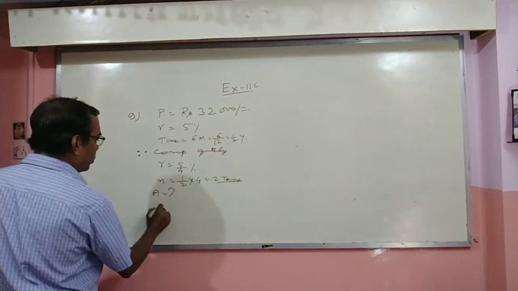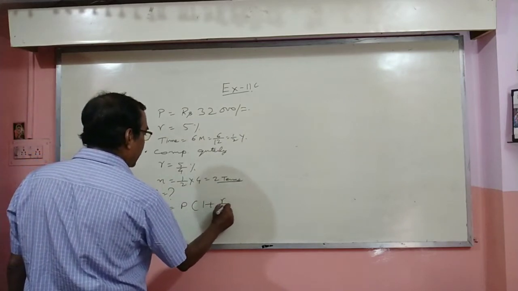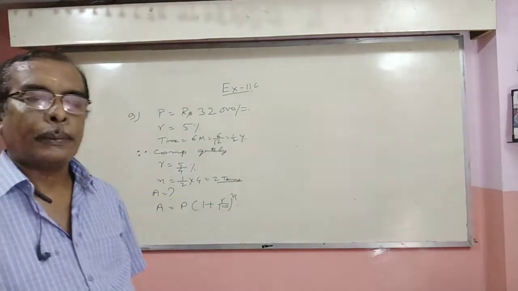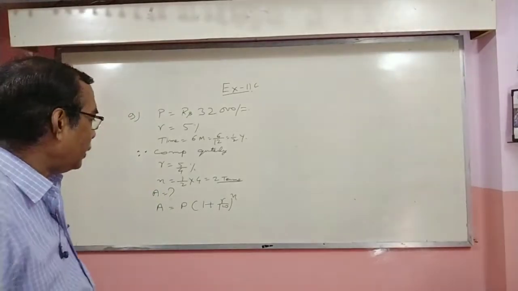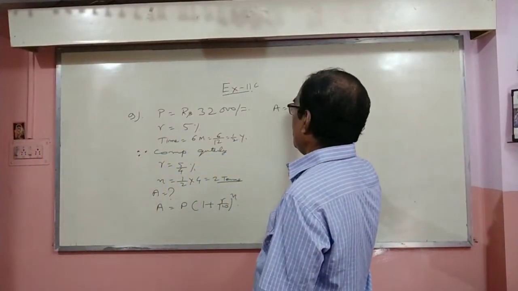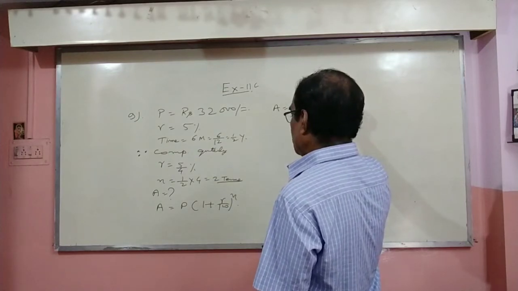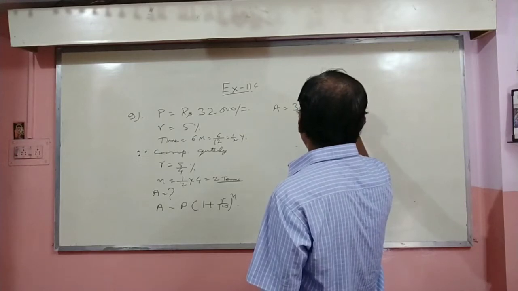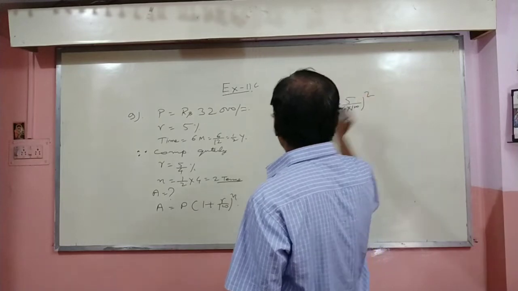Now the amount formula is P into 1 plus R by 100 whole raised to N. Now substitute all the values here. So amount is equal to P, 32,000, into 1 plus rate 5 by 4 into 100, whole raised to N. N is 2 terms.